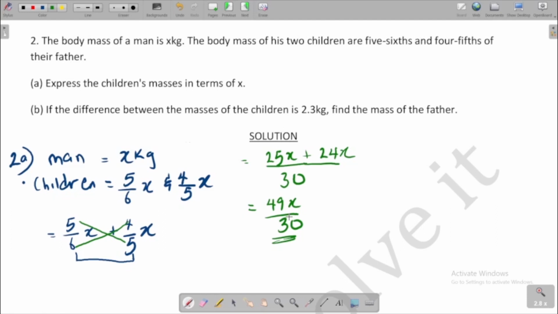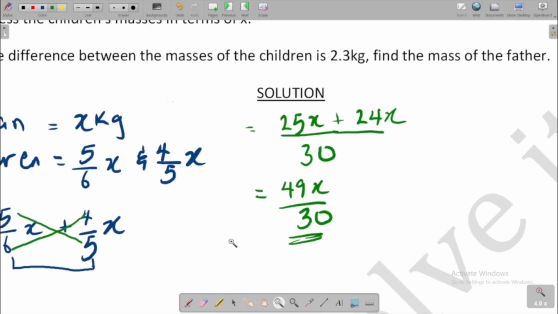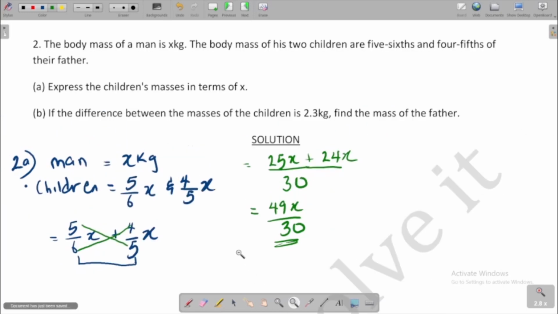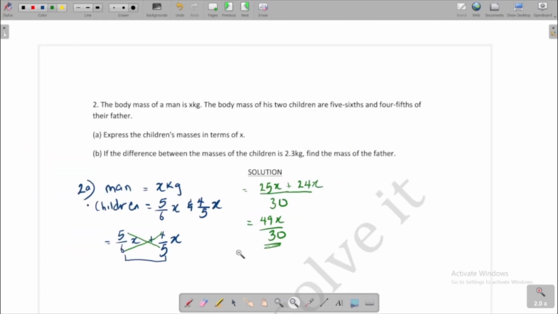So question B says that if the difference between the masses of the children is 2.3 kg, find the mass of the father.